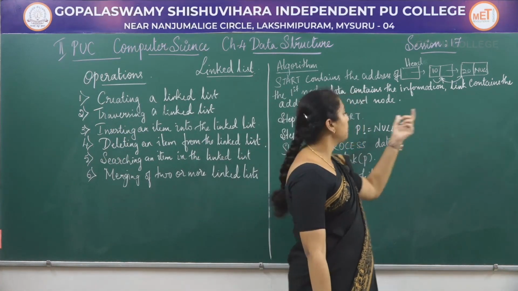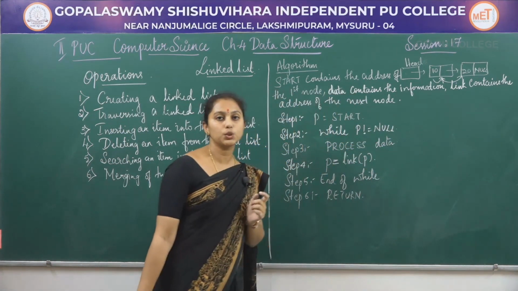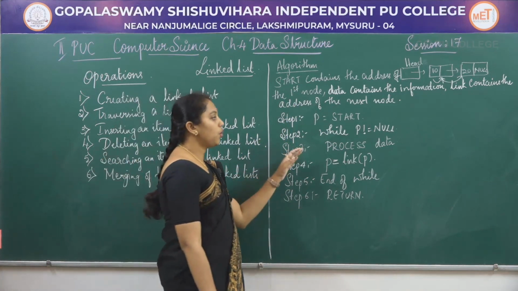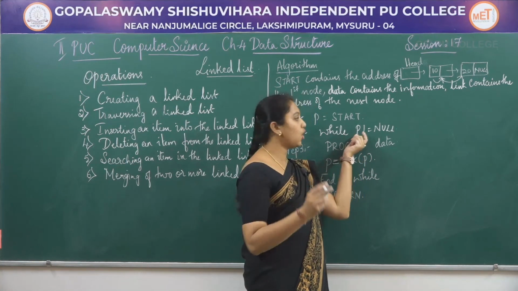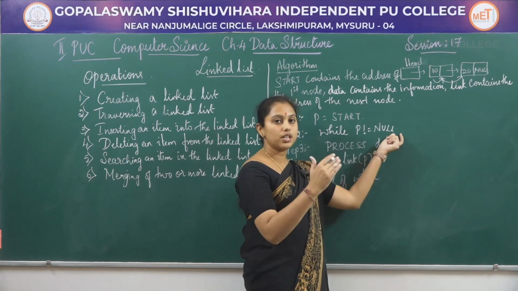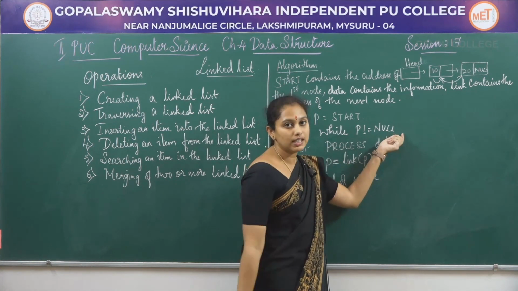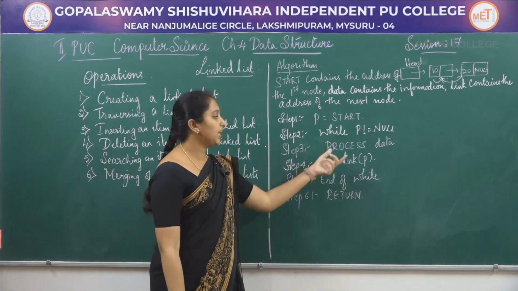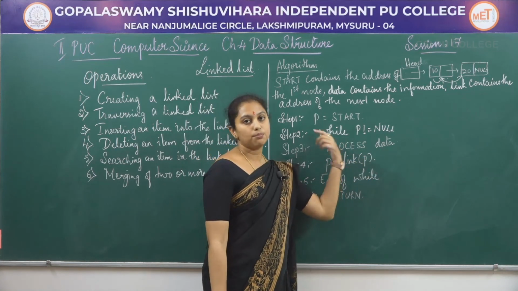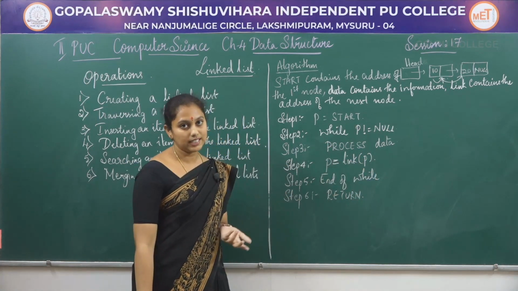So while traversing the linked list, first we have to move to the first node. Let P be the temporary pointer to visit all the nodes. Until the link part of a node contains null, we can visit all the nodes of the linked list. While visiting a node, we can fetch the data and perform the operation based on the data type.